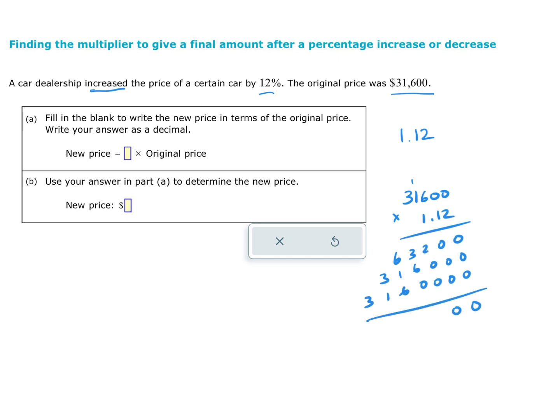Add all this up. 9, 12, 13, 3, 4, 5, and a 3. And we need 2 digits behind our decimal point. And so it looks like our new price of the car is going to be $35,392.